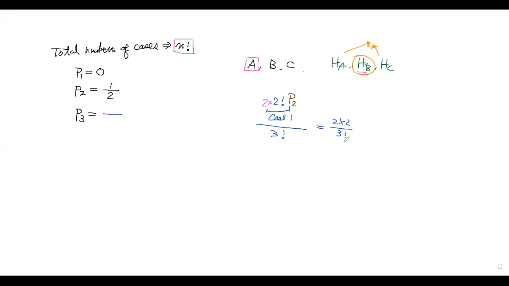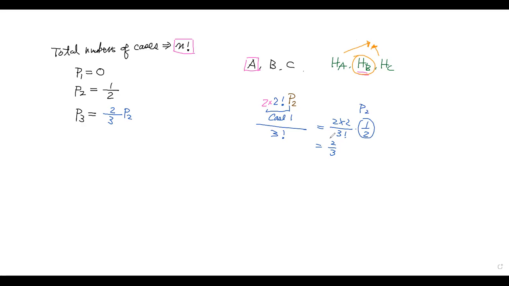Then P2 we got from the previous, this is 1/2. So what is here is 2/3, 2/3 times P2, this number is P2 here, okay?